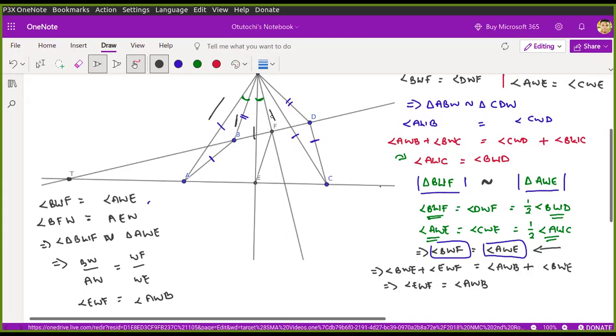We also already have that these two angles are equal. So that's enough to establish similarity that triangle ABW is similar to triangle EFW.